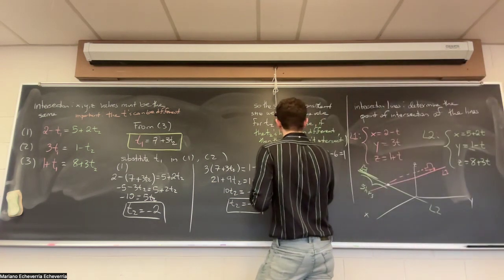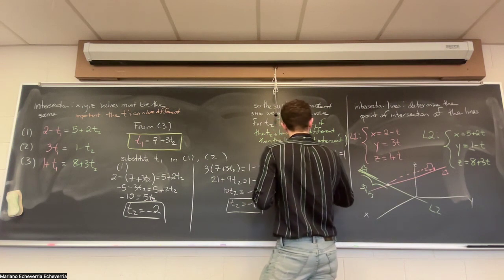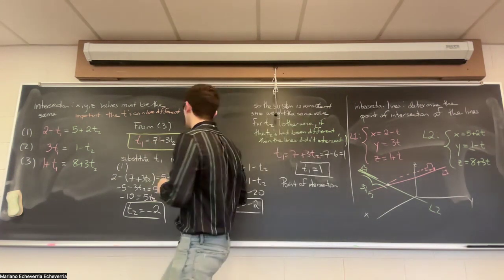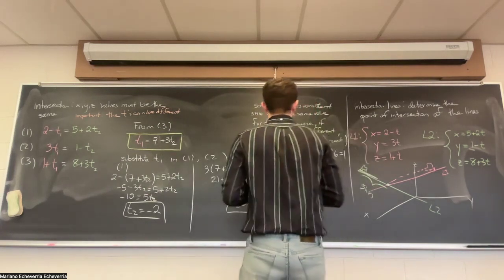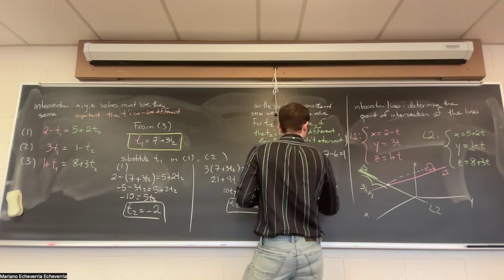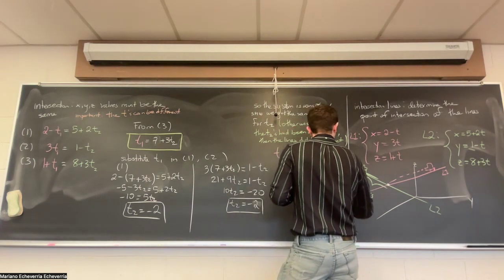And so what is the point of intersection? It's basically what you get by plugging the values of T1 or T2 in the corresponding line equations. So you get X, Y, Z, for example, 2 minus T1, 3 T1, 1 plus T1.